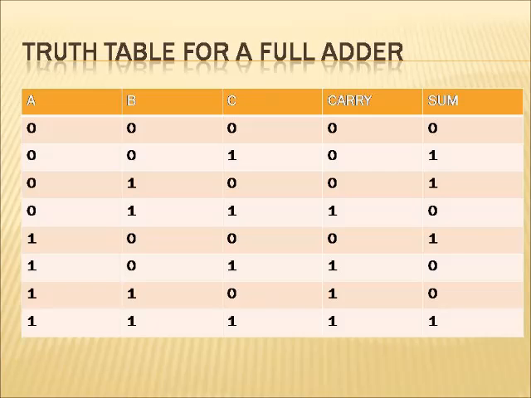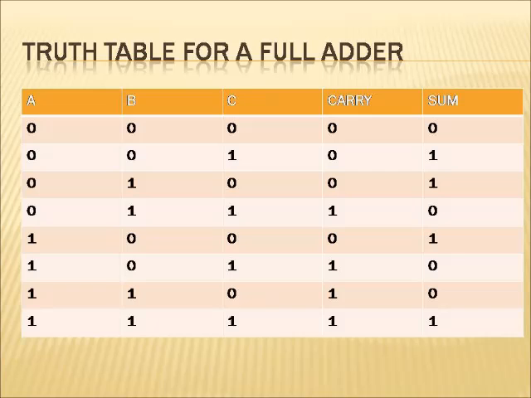Next one is A is 0, B is 0, C is 1, which produces 0 plus 1. That is, we get carry as 0 and sum is equal to 1. Next one is A is 0, B is 1 and C is 0. This also produces carry as 0, sum is equal to 1.